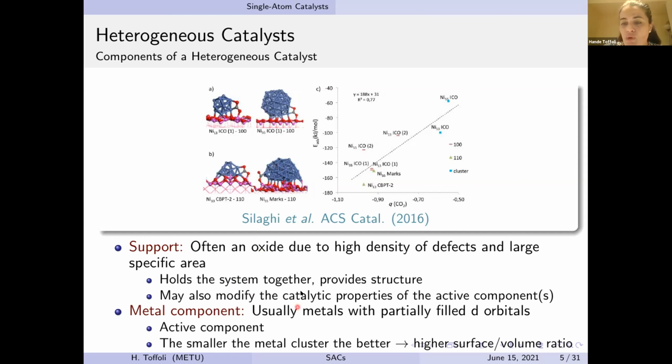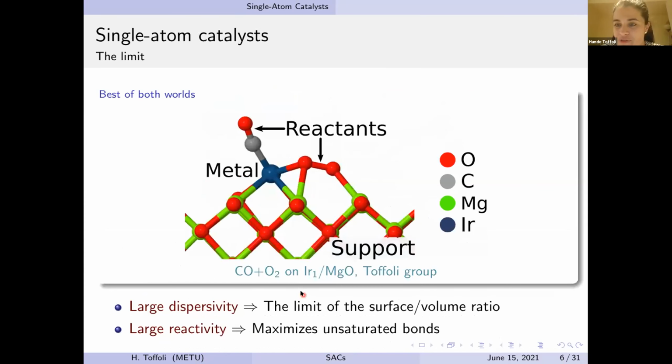And as I said, the smaller the cluster, the better, because we are shooting for a higher surface to volume ratio. Now, at the limit of the surface to volume ratio, as it tends to zero, is the single atom catalyst. So, if we manage somehow to put one metal atom on the surface, this should, in theory, afford us the maximum reactivity because it maximizes the unsaturated bonds.